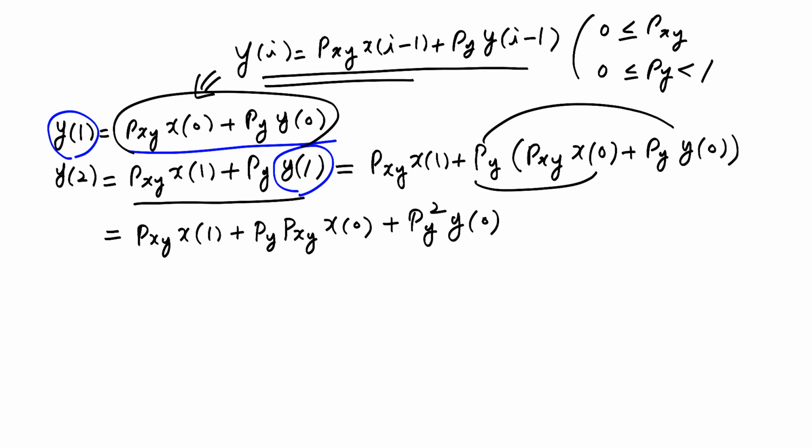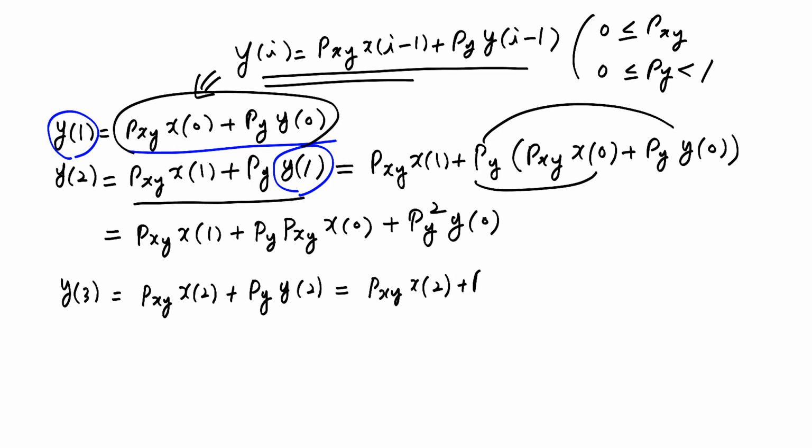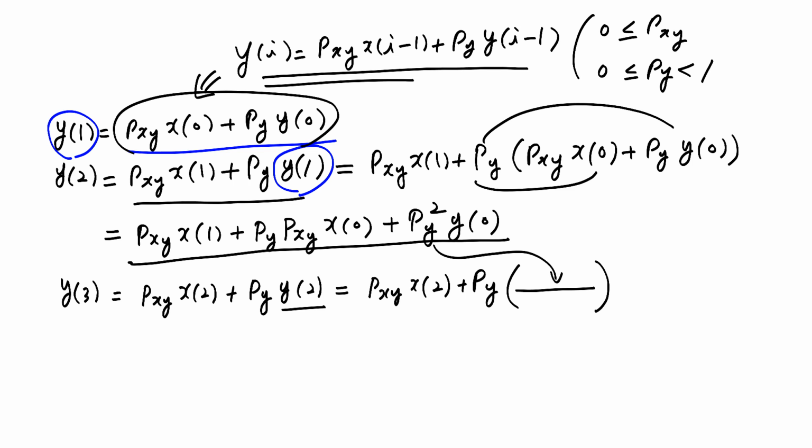And how about Y of 3? So Y of 3 is Pxy X of 2 plus Py Y of 2, which is equal to Pxy X of 2 plus Py times Y of 2, which is this expression. So basically you need to write that expression here.